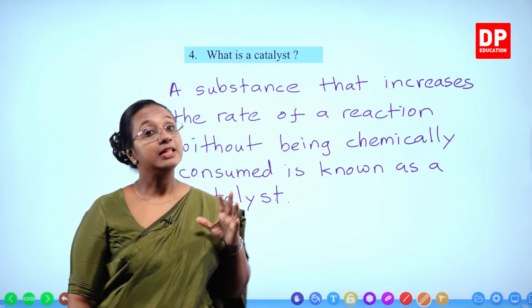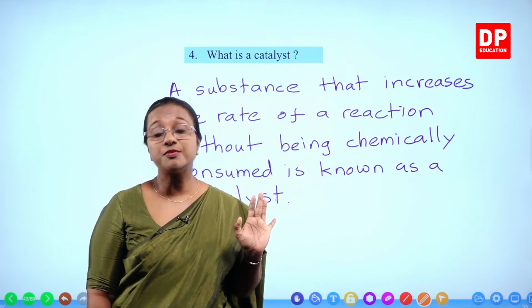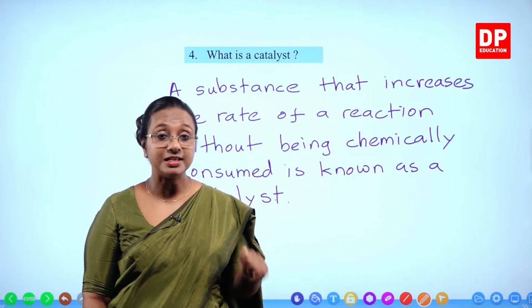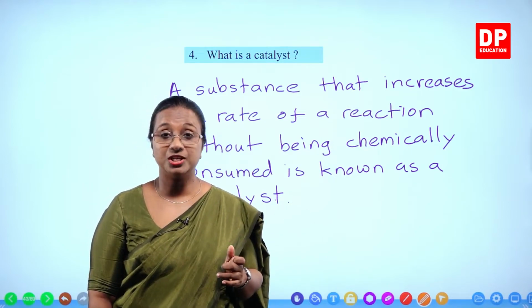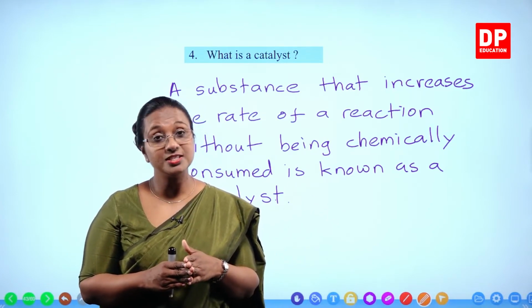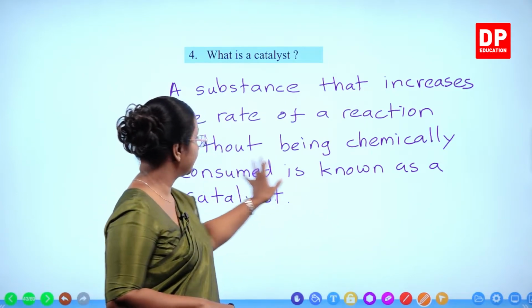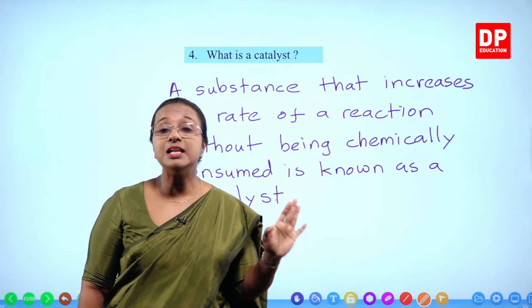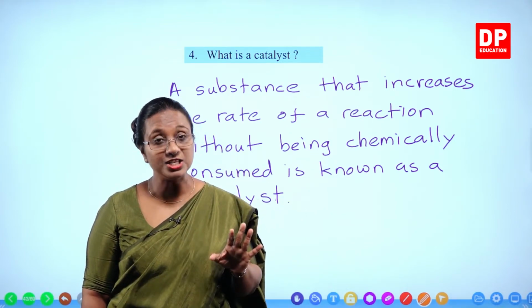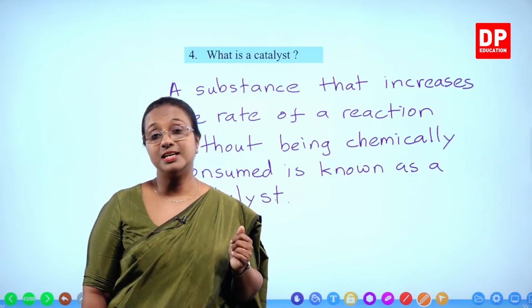Then you are all familiar with the properties of a catalyst also. You only need a small amount of the catalyst to increase the rate of reaction. And also the catalyst is specific to reactions. They are not chemically used up, or their chemical properties don't change, but there can be physical changes.